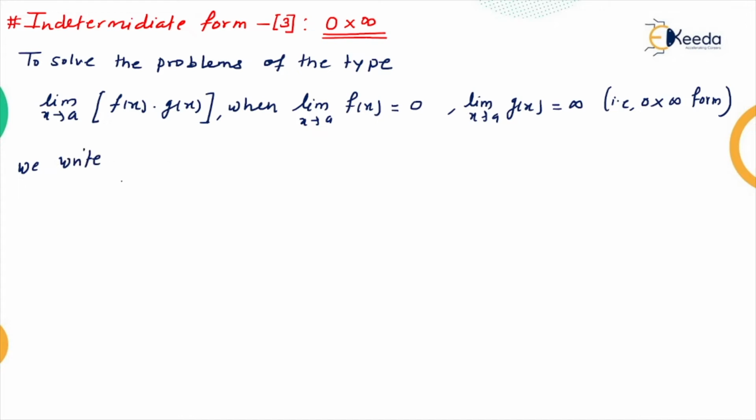We write limit as x tends to a of f(x) into g(x), which means this is a product of two functions.